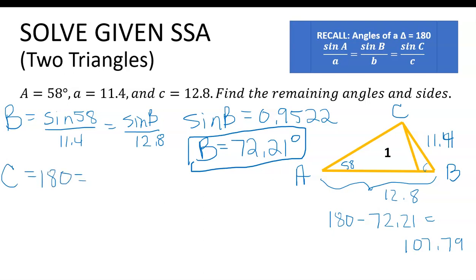So we have 180 minus the 58 that was given, minus the 72.21 that we found, and it will give us that the measure of angle C is going to be 49.79 degrees.